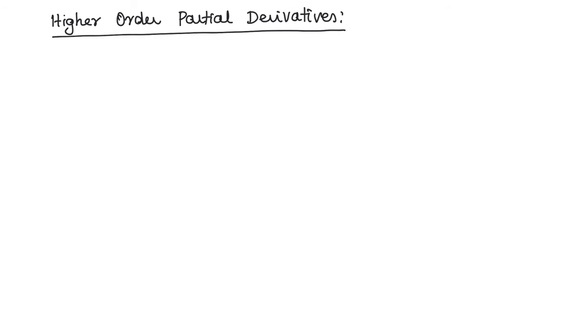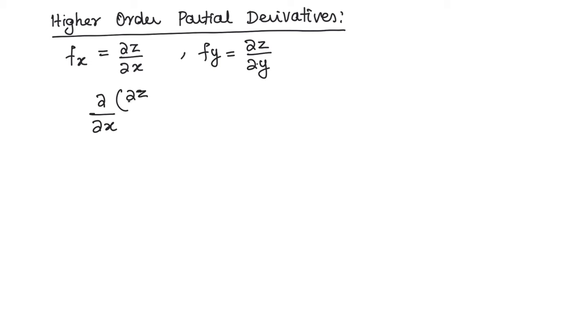Higher order partial derivatives. So the first partial derivative with respect to x, this is the notation I just explained. We can differentiate this again with respect to x. So this will be the second order partial derivative, and we can write this with 2 x's at the bottom, as a subscript.